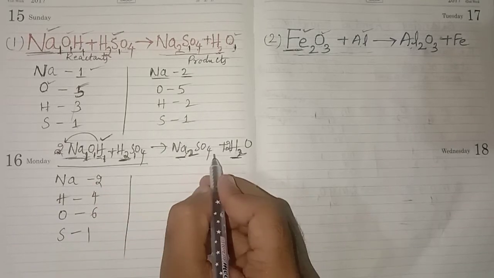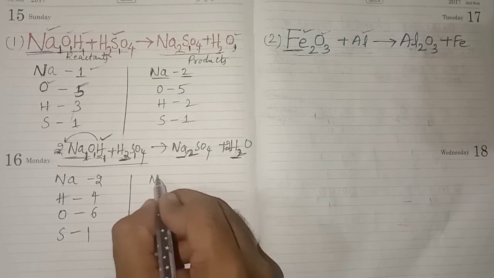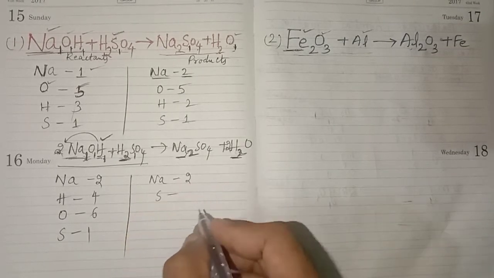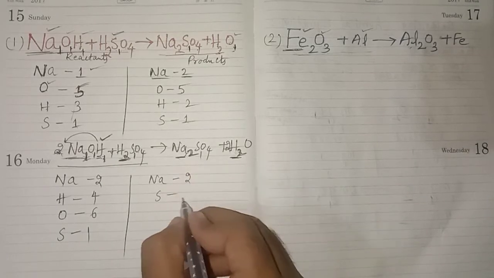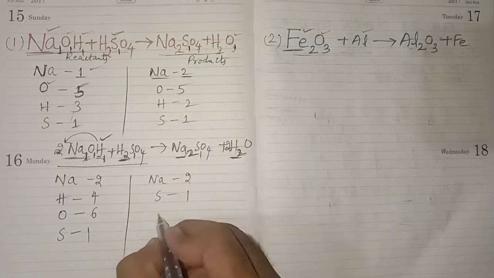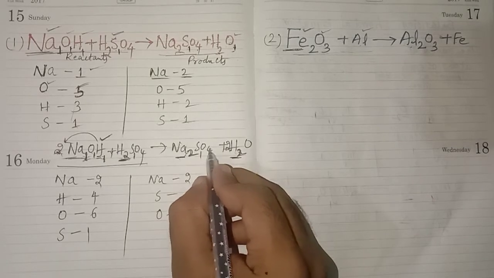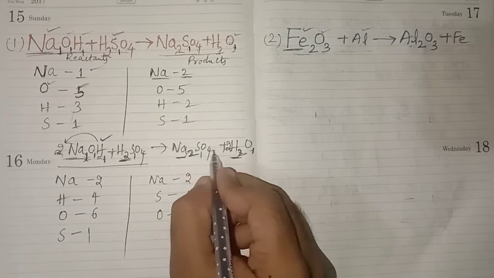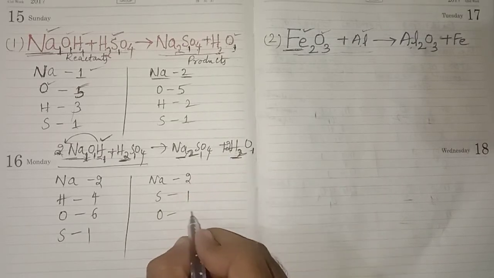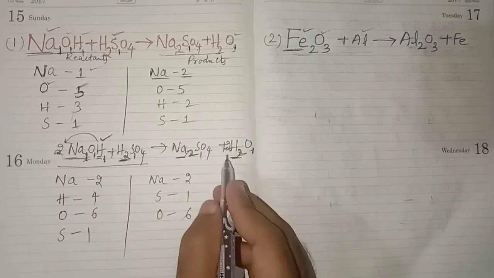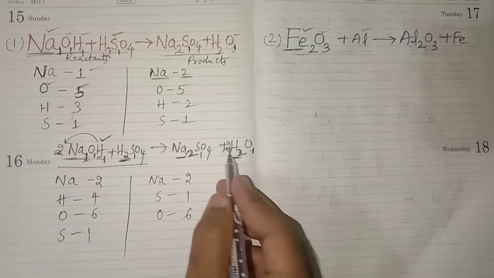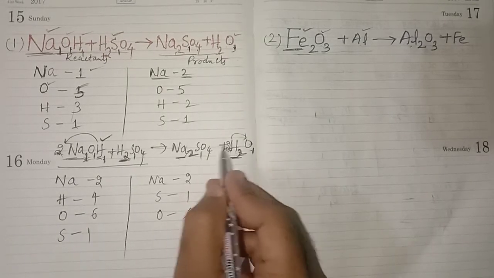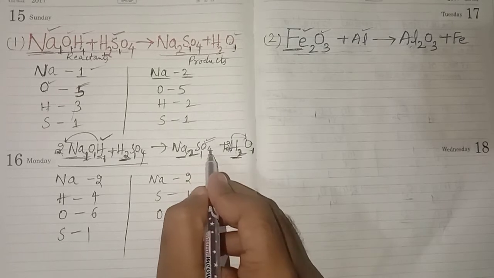Now observe the product side. Sodium, how many atoms are there? 2 atoms. Sulfur 1. Next oxygen, 4 plus 1 into 2, 4 plus 2, how much? 6. Here 2 oxygen atoms plus here how many atoms? 4.